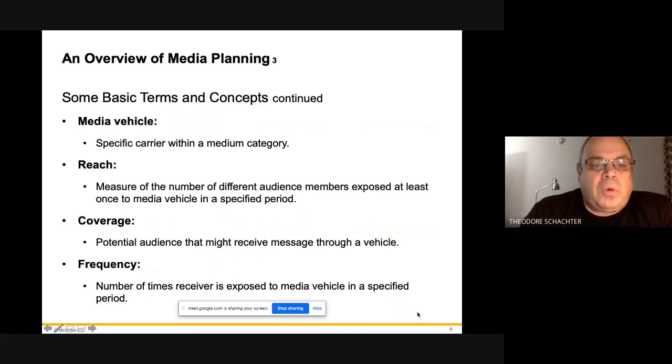Total coverage, 100%, 19 students, but I only have $2,000 to spend. I may say, well, if I reach everyone once, it may not have impact. So what I might do is spend only $1,000, reach 10 people, which is roughly about 55% of the market, but reach them twice. You see what I'm saying? So the frequency is the number of times.